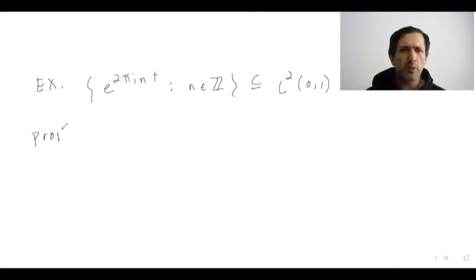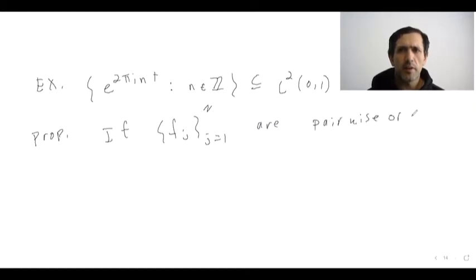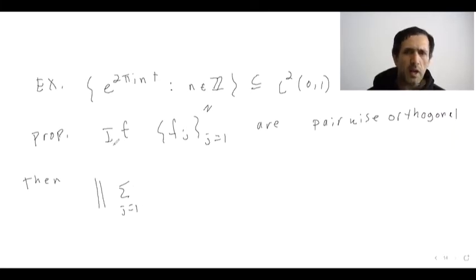Right, and something I'll use without really further say: if I have a sequence, and here big N can be infinity, so if these are pairwise orthogonal, then we have, by induction and basically continuity of norm, well, let's not use N is infinity, let's just say N is a natural number.